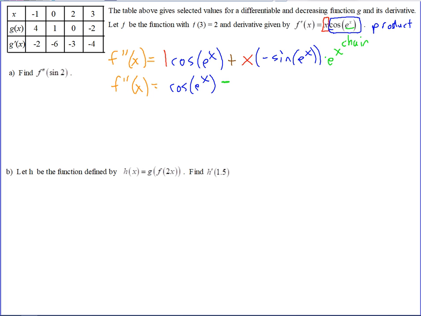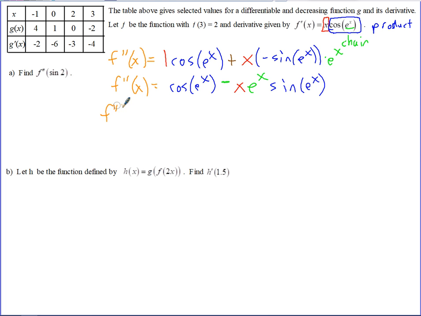You can leave the x out in front. e to the x times the sine of e to the x. Now here, sine of 2, now this is not an angle that we know off the top of our head. You could punch it in your calculator to get exactly what it is. But in this case, it just represents some constant that we don't know the exact value of right now.